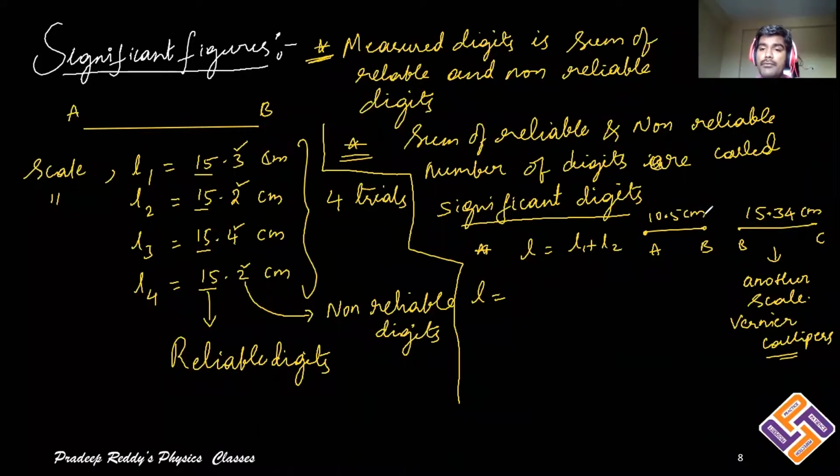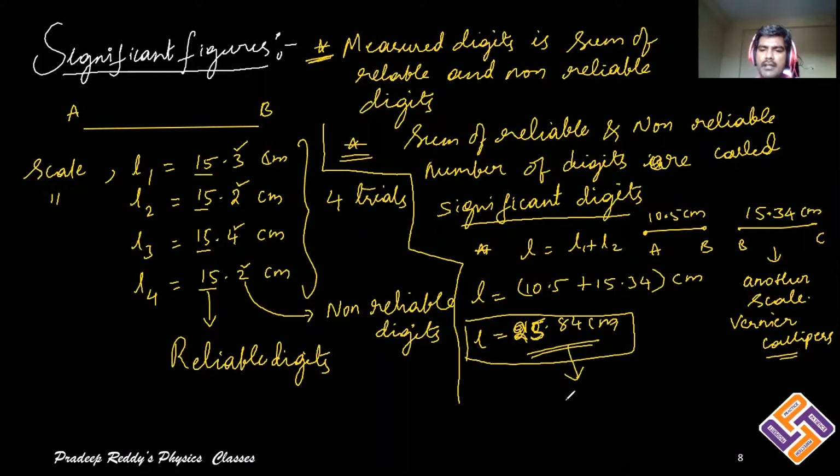Mathematically, we add 10.5 centimeter and 15.34 centimeter, and you will generally report the result as 25.84 centimeter. In this final answer, how many digits are there? 4 digits.